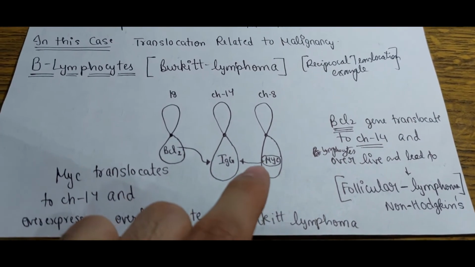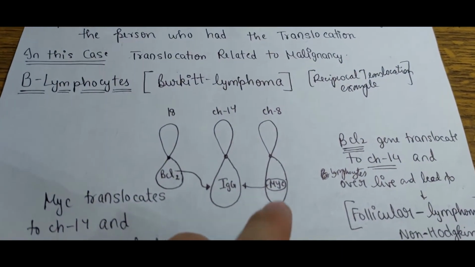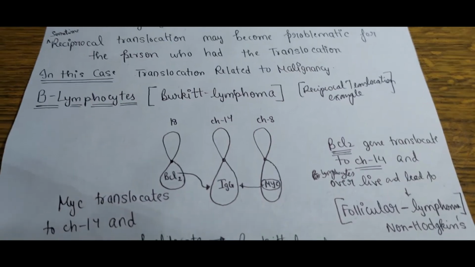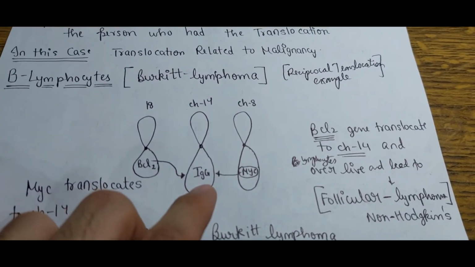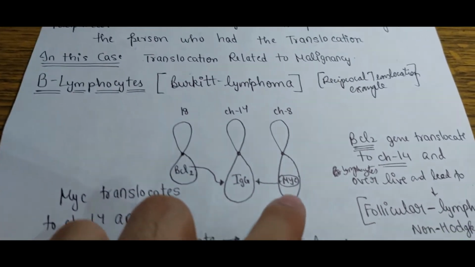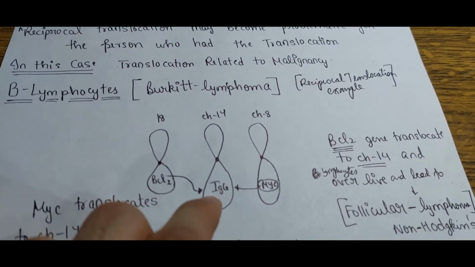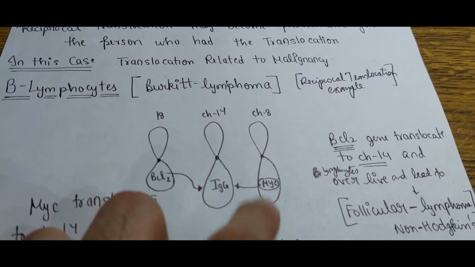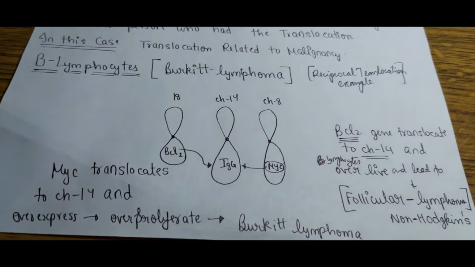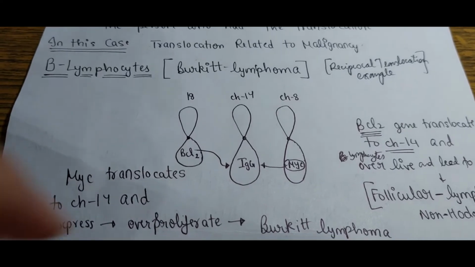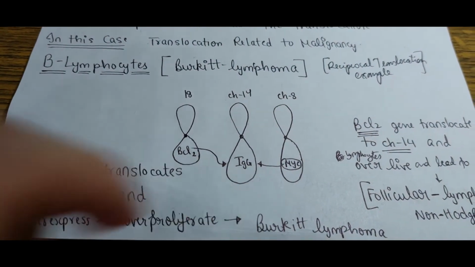For example, chromosome number 8 has the MYC gene. If reciprocal translocation occurs and the MYC gene comes to chromosome 14, and the lower part of chromosome 14 goes to chromosome number 8, then chromosome number 14 is going to have the immunoglobulin G gene as well as the MYC gene.